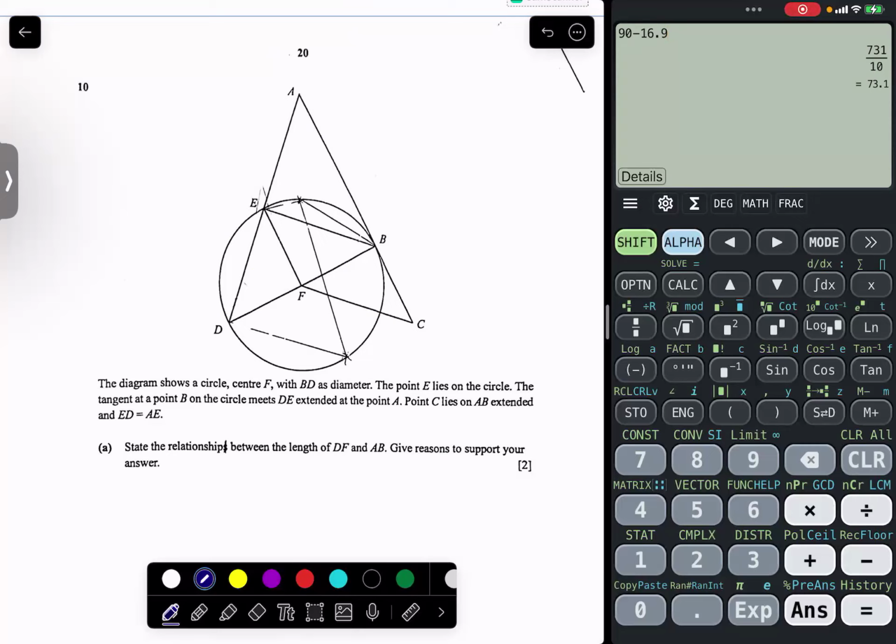State the relationship between the length of DF and AB.